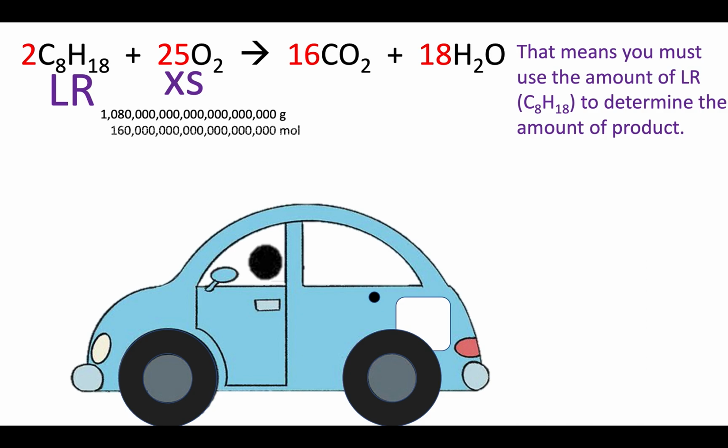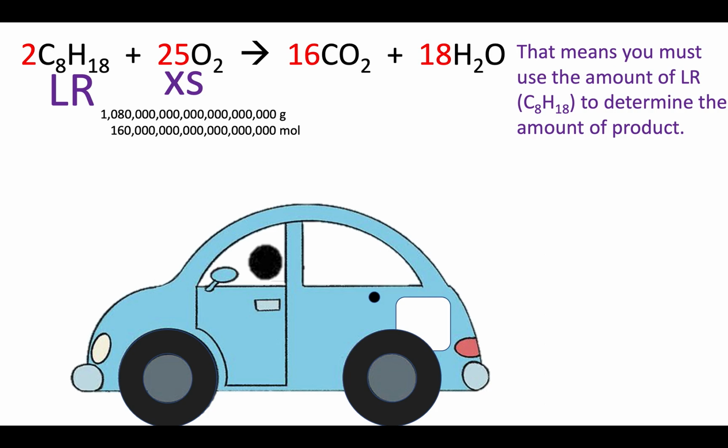Converted to moles, that's 160 quadrillion moles of oxygen in the Earth's atmosphere. We wouldn't use that number to calculate how much product we'll make by burning all the gasoline in our car's tank. You'd never use something that you have in excess to do the math. You always use the limiting reagent.